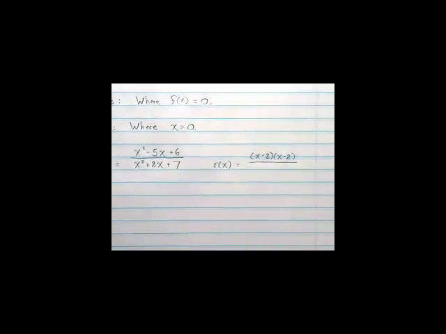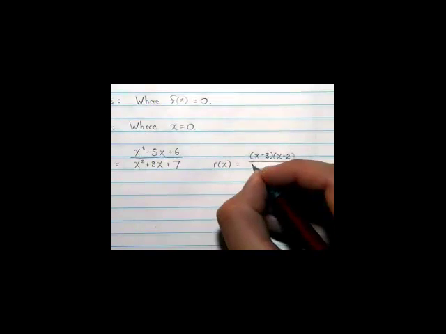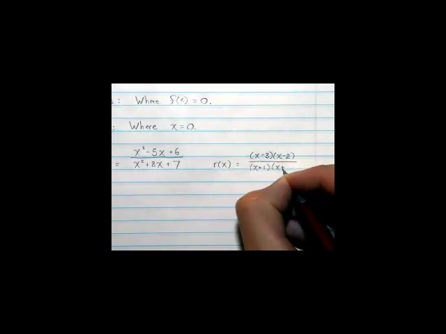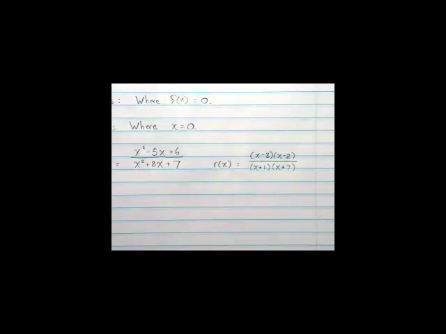Okay, and then that denominator, x squared plus 8x plus 7. Yes, you can. What is it? 7 and 1. X plus 1 and x plus 7. All right, so we got it in fully factored form now.